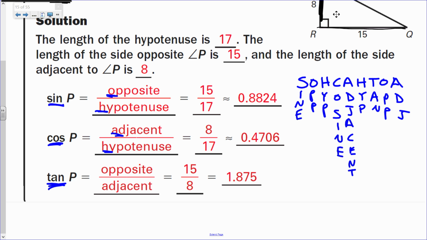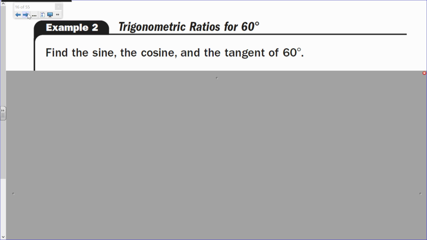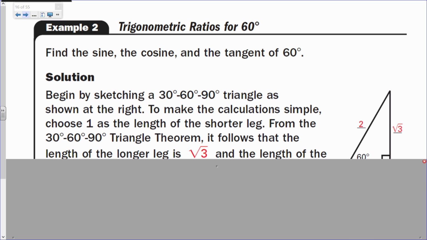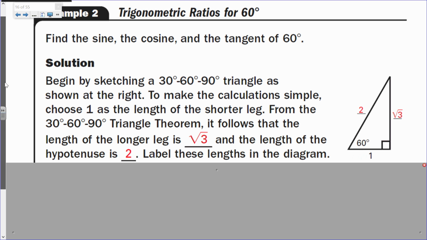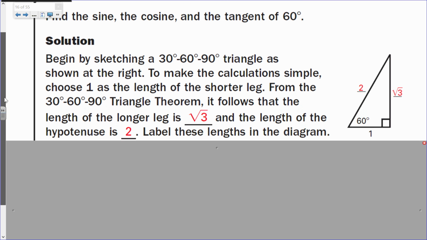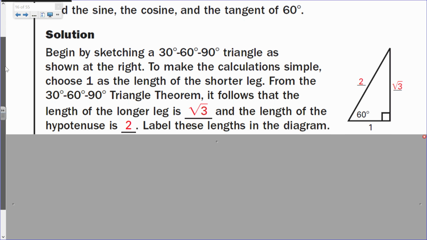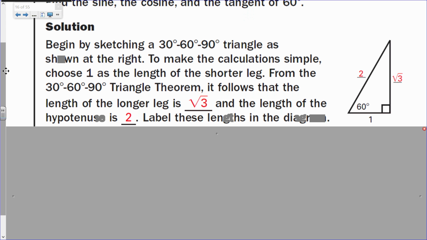We know our 3 ratios, sine, cosine, and tangent. Watch this. Find the sine, cosine, and tangent of 60 degrees. Here we go. All right.